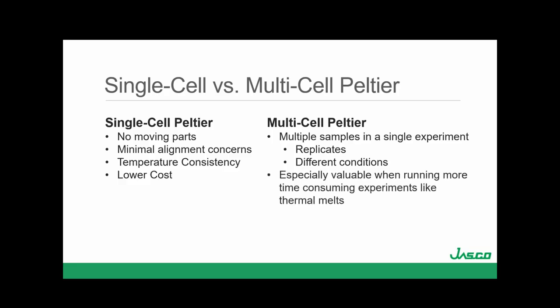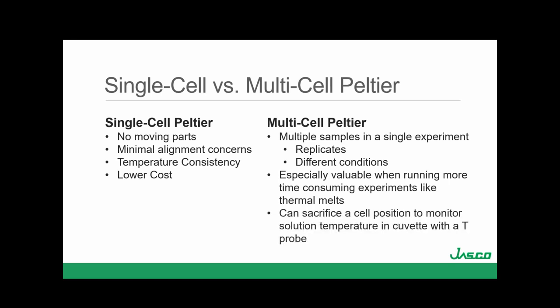You can save time by setting it all up, walking away, and doing other things. And what I like too is that you can sacrifice a cell position to monitor solution temperature in a cuvette with a temperature probe. So you don't have to worry that the probe is sticking down into the optical beam or contaminating your sample. It's a really great way to go, and that's what I recommend if you can.